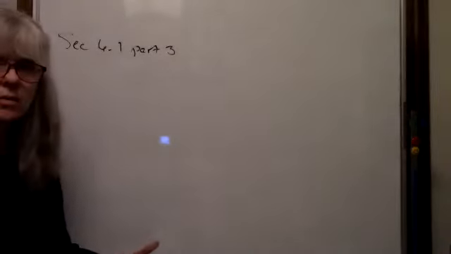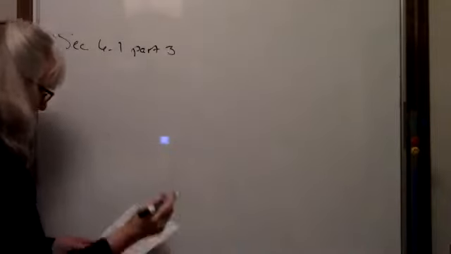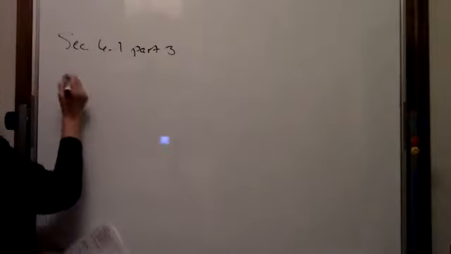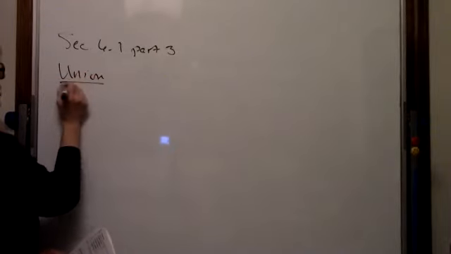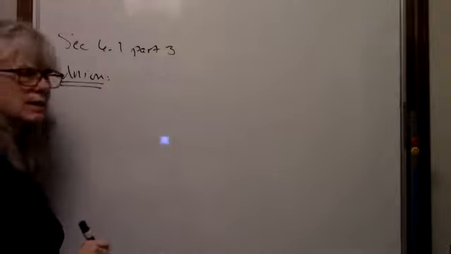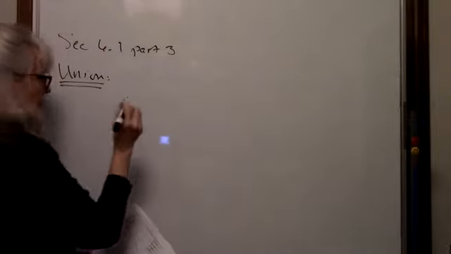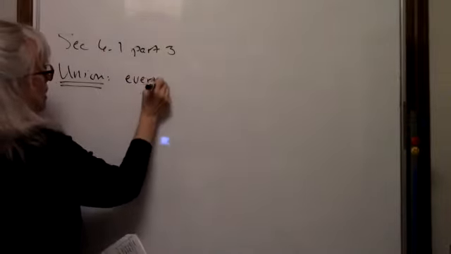In section 6.1, part 3, we introduced the final amount of vocabulary that we need. So we're going to introduce the idea of union. And you may recognize these terms from your algebra classes, but a union simply means everything in both sets.